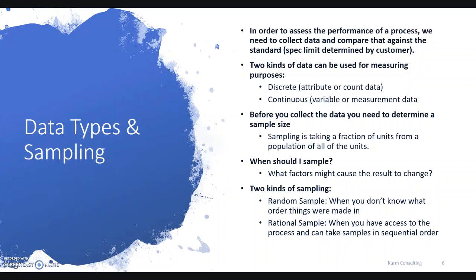Now, in order to gather data, there are 2 different kinds of data that you might face, as I just mentioned. You might find discrete data with your process, and that might be related to a particular VOC. Maybe you have to measure how often you're getting the cup of coffee correct to order.